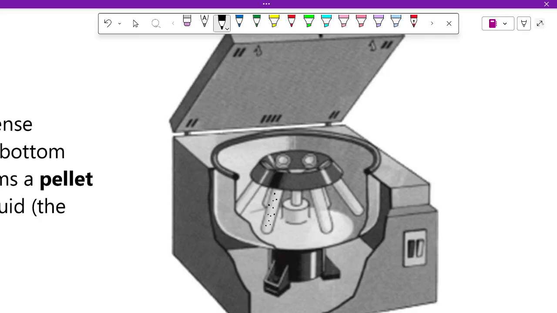And what will happen is that you will spin this thing really, really fast. What will happen to the solid? The solid is more dense than the liquid. It will separate. The solid is all going to move down to the bottom, and you'll end up with the solid all down there and the liquid on top of it.